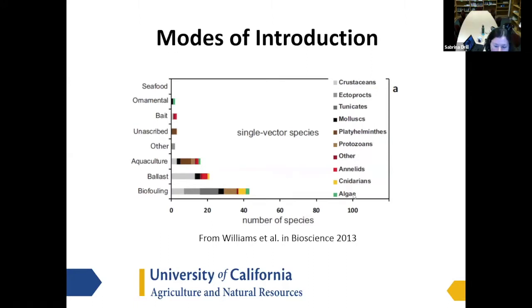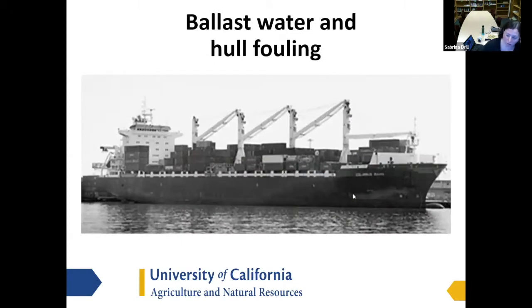So ballast water and hull fouling. Essentially, for ships to remain upright and work well in waters, they have really varying loads. If they're not carrying the same amount of materials around all the time, they keep their weight pretty much equal by bringing water into ballast tanks in the lower portions of the ship.